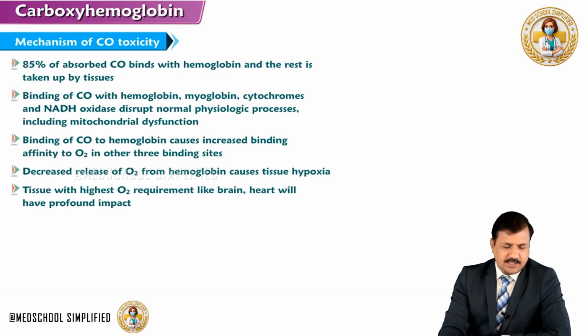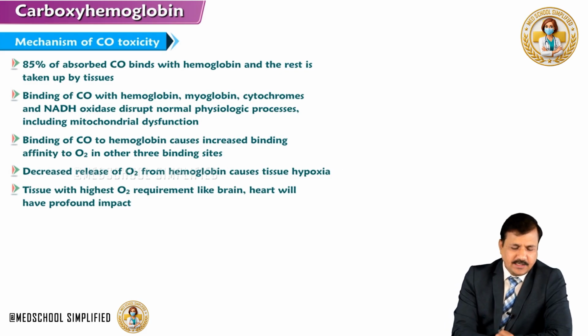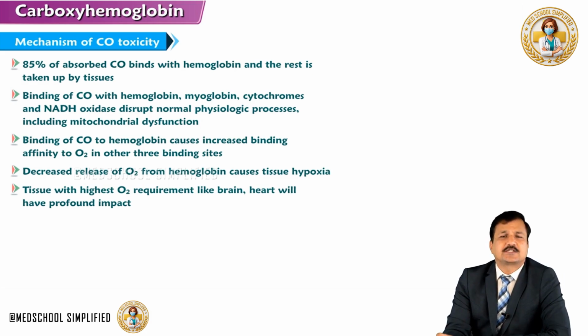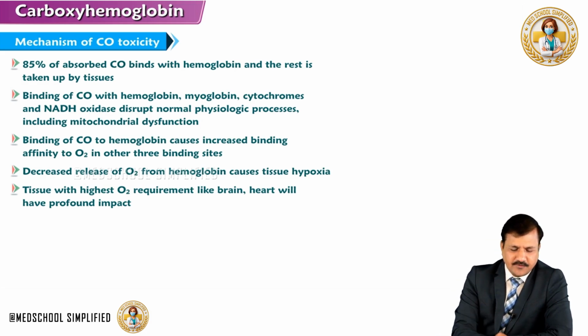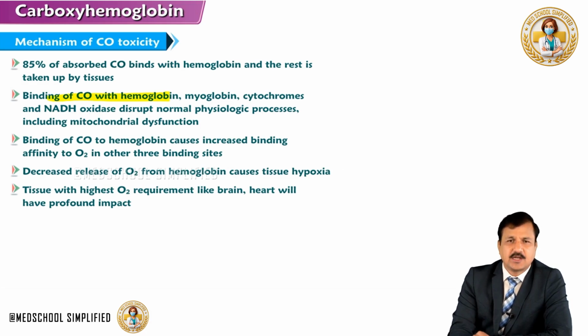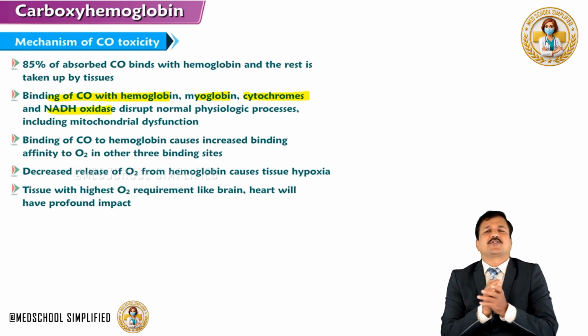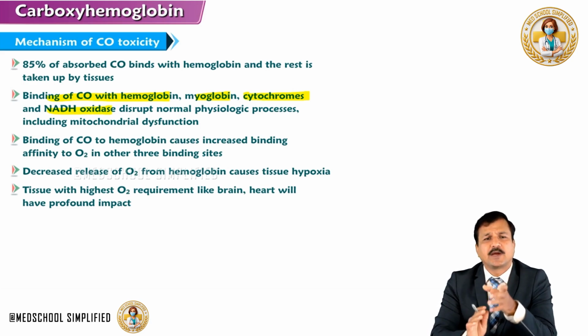Now let's move on to see the mechanism of carbon monoxide toxicity. 85% of the absorbed carbon monoxide binds with hemoglobin and the rest is taken up by the tissues. Binding of carbon monoxide with hemoglobin and other heme-containing proteins like myoglobin, cytochromes, and NADH oxidases will disrupt normal physiological processes, including mitochondrial dysfunction.